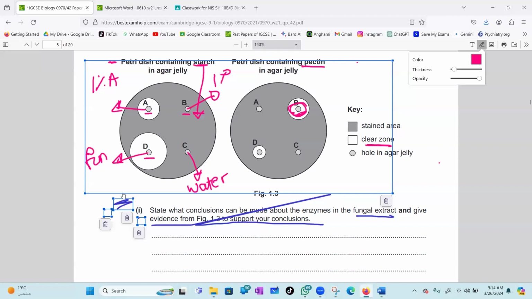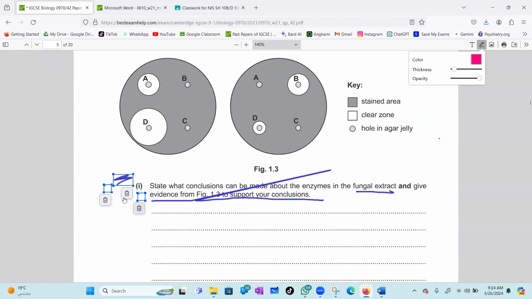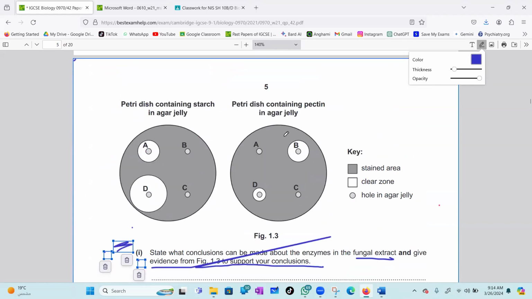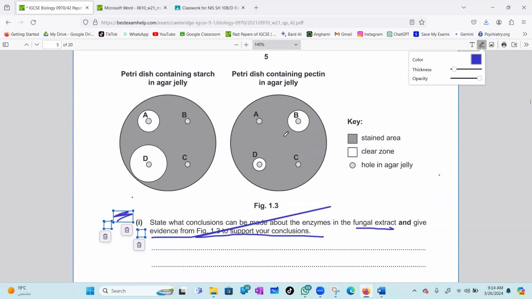Let me erase it. What did you have to do simply in this question? You needed to talk about every Petri dish separately. So you needed to talk about the starch Petri dish and the pectin Petri dish.